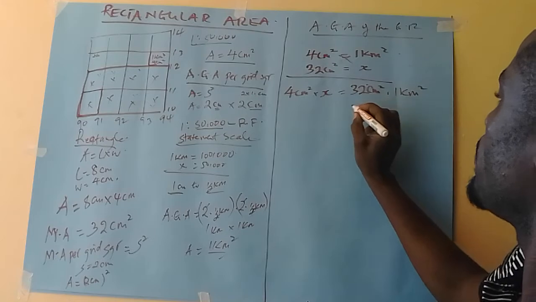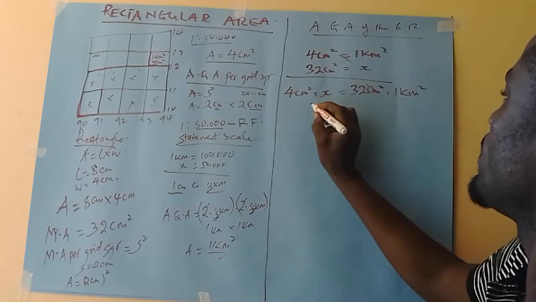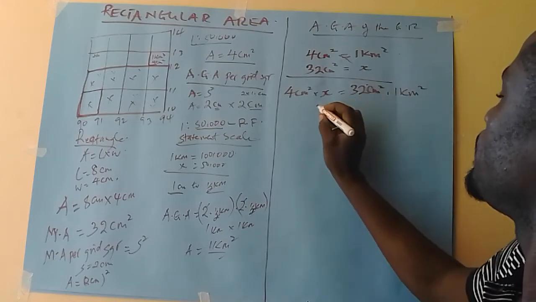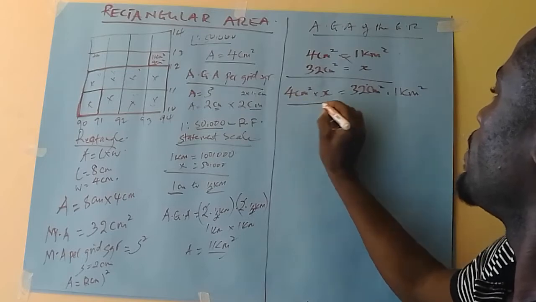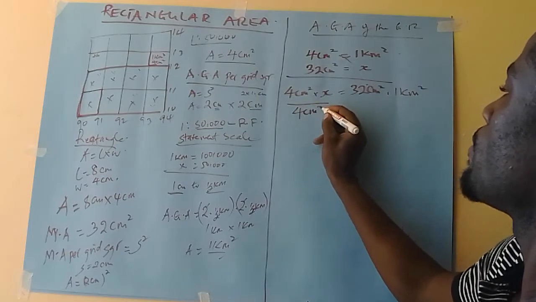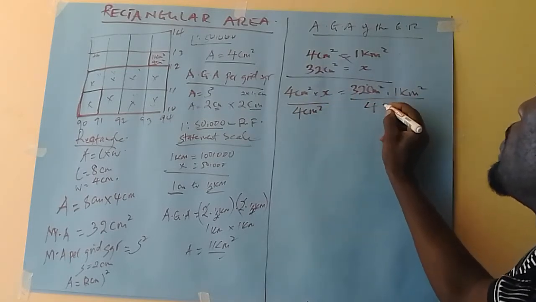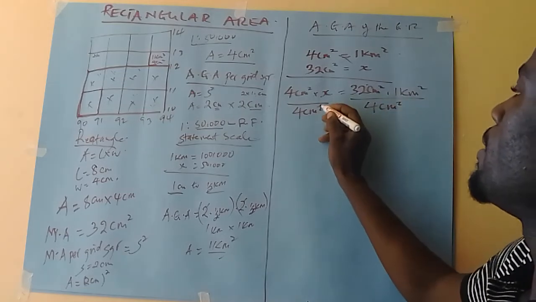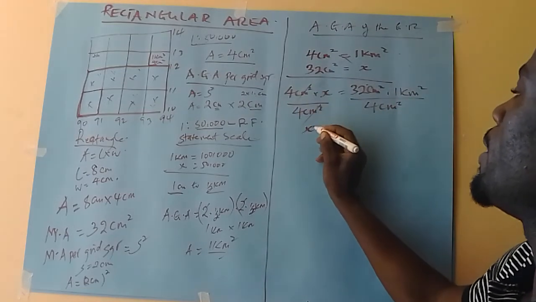Because we are interested in getting kilometers, we shall divide through by 4 centimeters squared. This one will disappear with this, we shall remain with x.